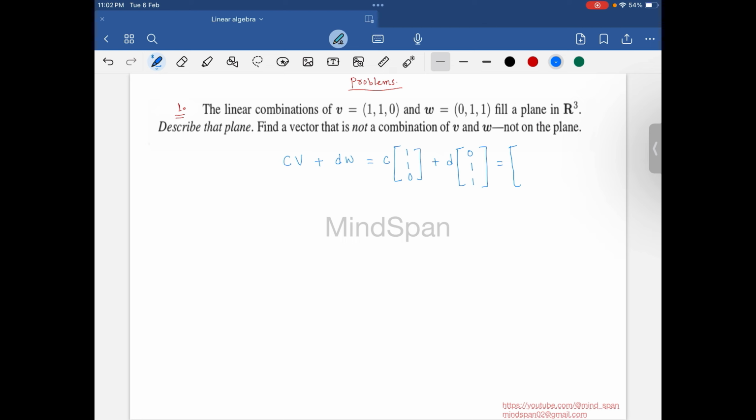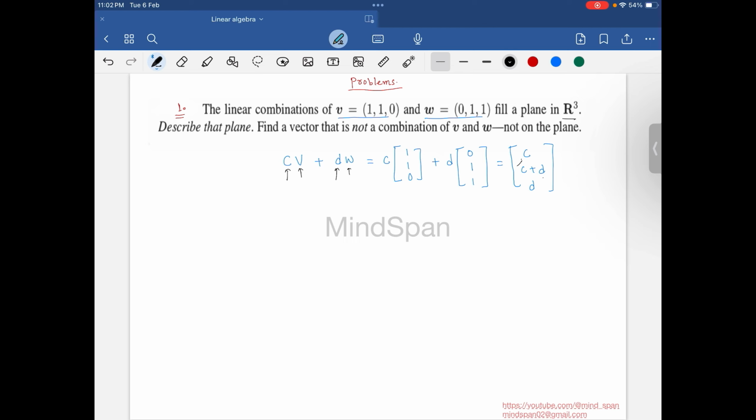So you can carry out, so that will be c, c plus d, and d, right? So this is the linear combination of vectors v and w. And you can take any value of c and d, and their linear combination of v and w is going to fill up a plane in three-dimensional space, right?